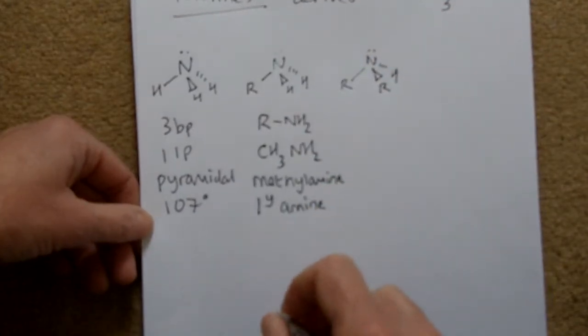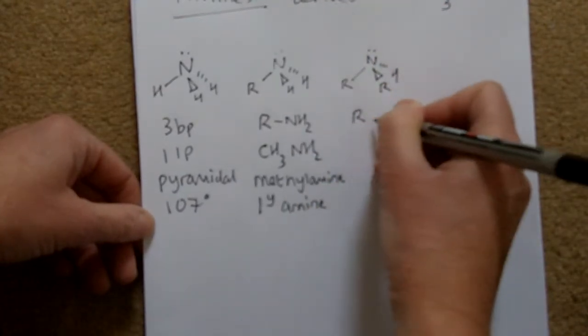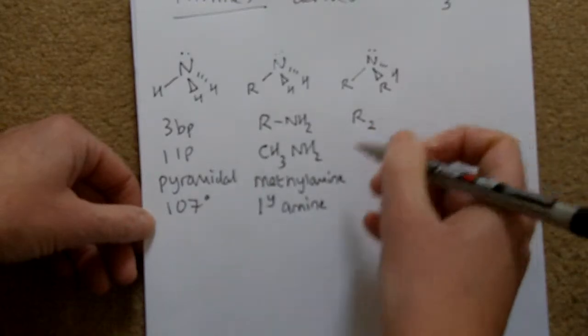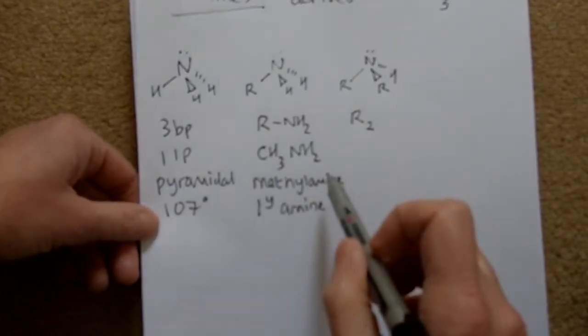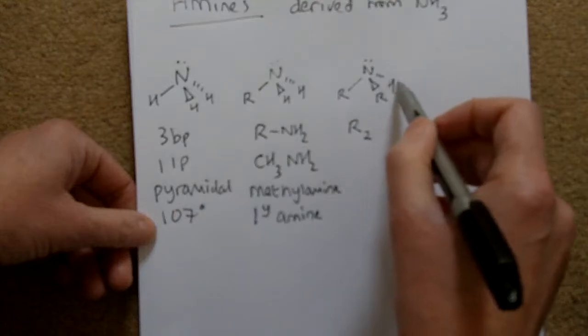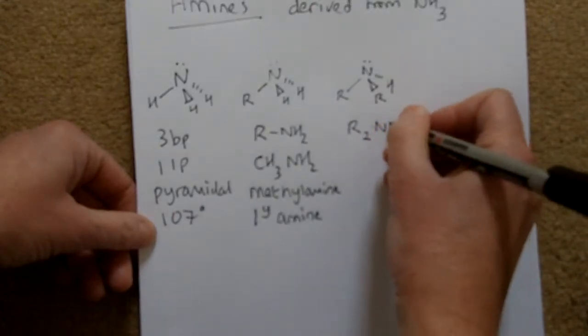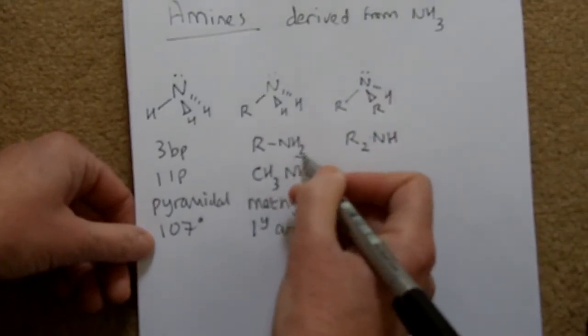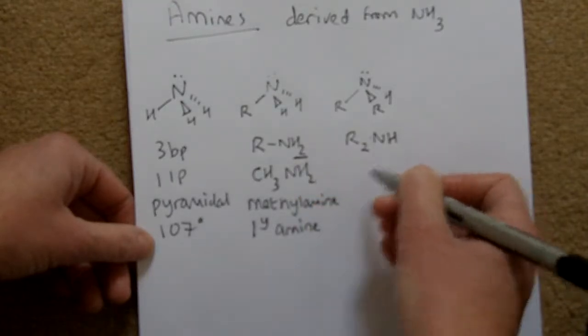So you've got 2 R groups. Be careful because nitrogen can only have 3 bonds: you had 2 hydrogens, now you've only got 1 hydrogen.